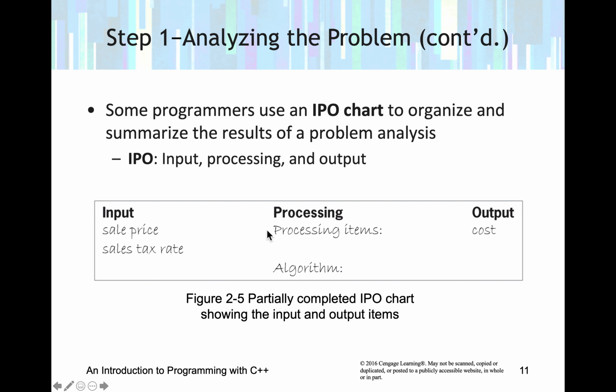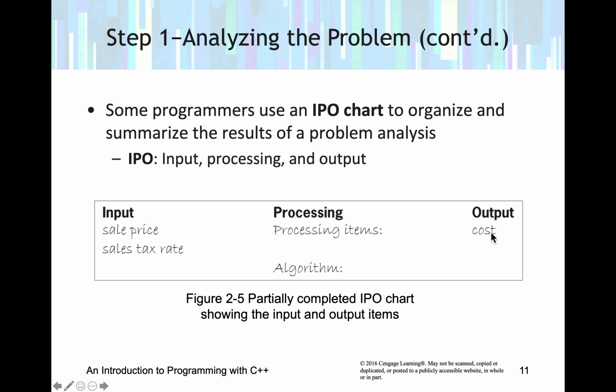So our input is going to be how much does a TV cost and what is the sales tax. Our processing, we'll go over this in a minute separately. The output is going to be the cost.